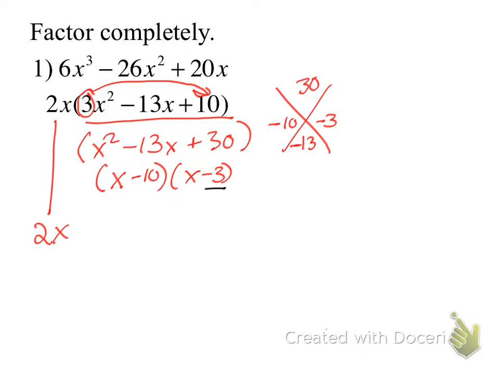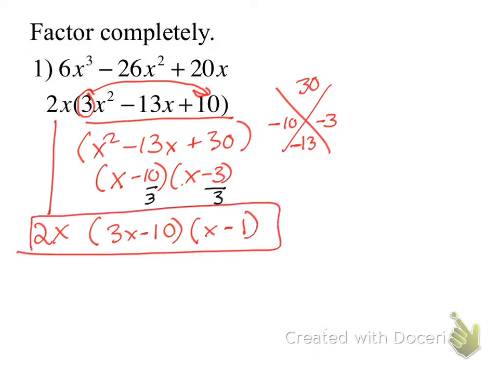Divide by what? The 3. Divide by the 3. And we finish with 3x minus 10, and the other one is times x minus 1. So my overall answer would be all of this.